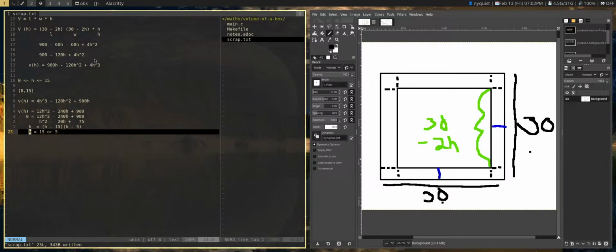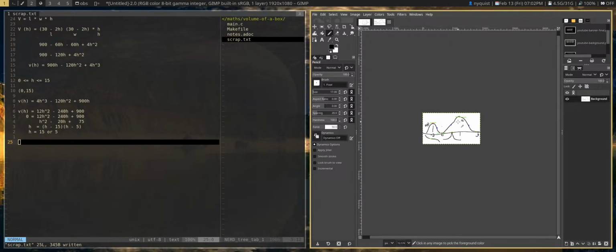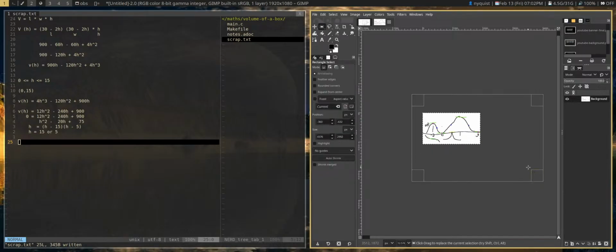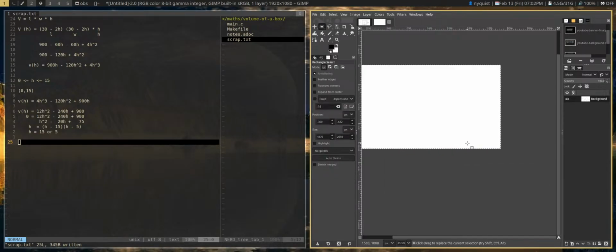And then from here, to locate, evaluate the function at the critical number 5. So let's clear all this. Let's just delete it all. There we go.